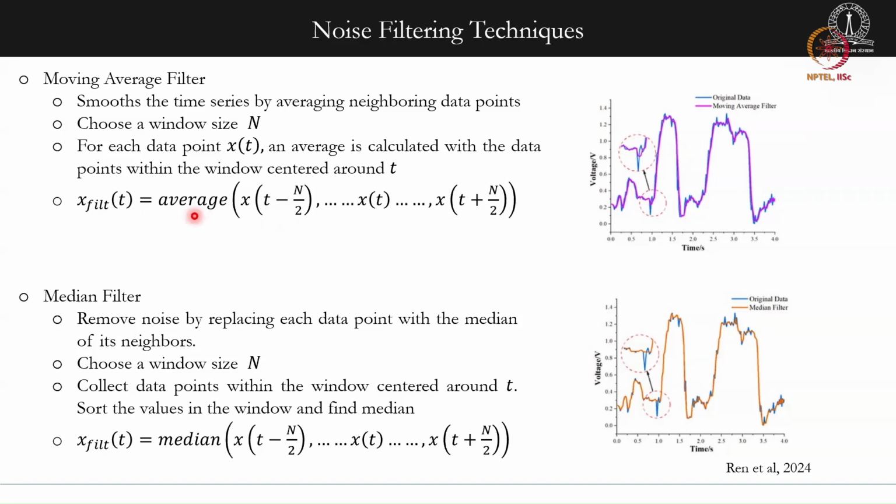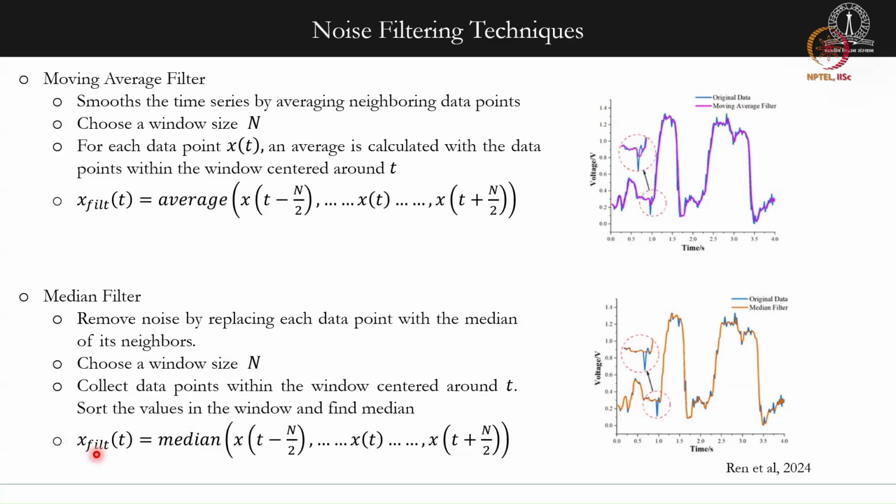And the median filter is very similar, except that here, instead of computing the average of all the data inside that moving window, it estimates the median of those n points enclosed within that window. And once it estimates the median, the filtered value is nothing but that estimated median.